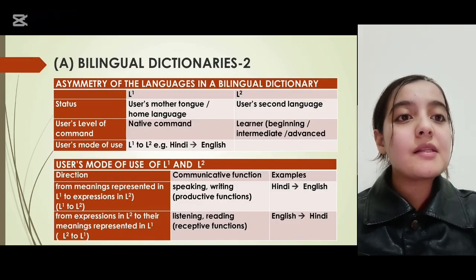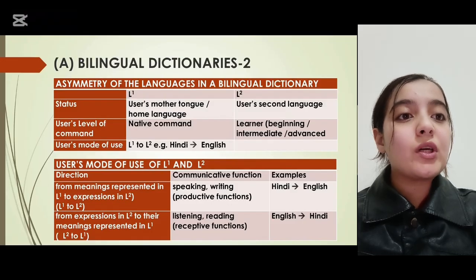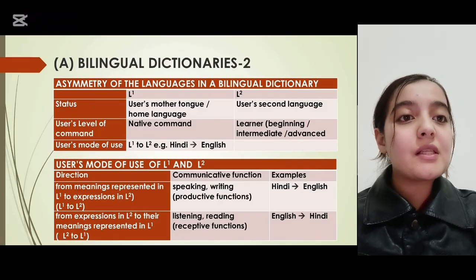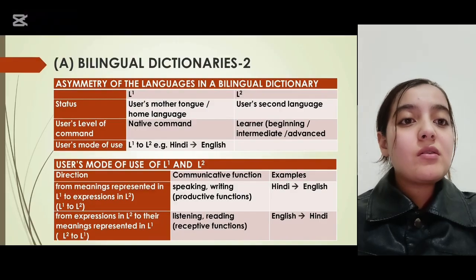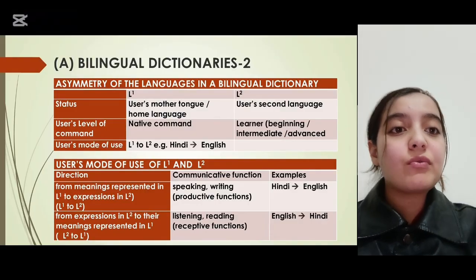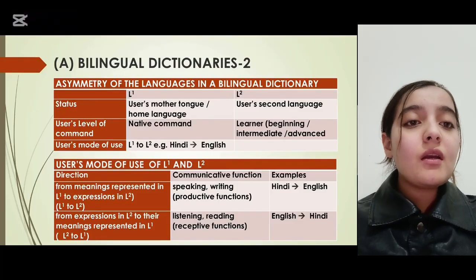I can talk about the Rabhas or the Bodos as L1 users of the mother tongue, that is the home language. For them, L2 would be either Assamese or English, depending on which language they decide to have as their second language. If Assamese is the second language, then English would be the third language for some groups, but other groups would prefer to have English as the second language.